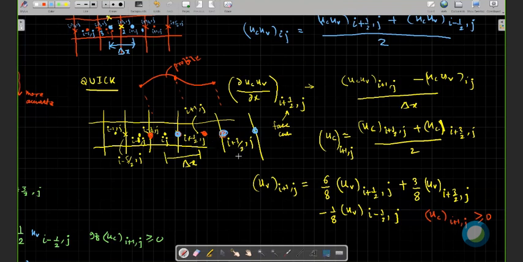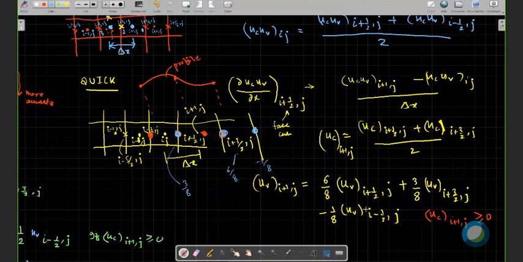This will get 6 by 8 weight, this will get 6 by 8 weight, the last point will get minus 1 by 8 weight, and this point will get 3 by 8 weight.